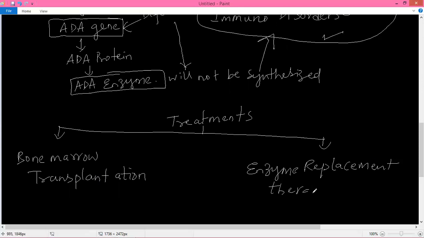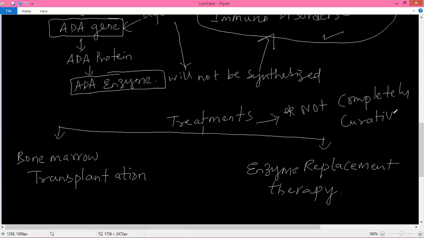These are the two treatments which were available, but these approaches are not completely curative.